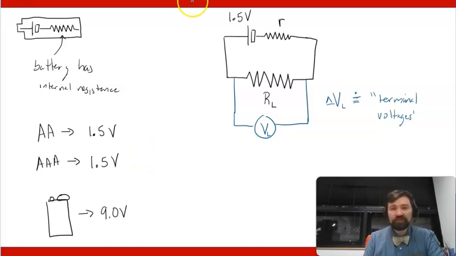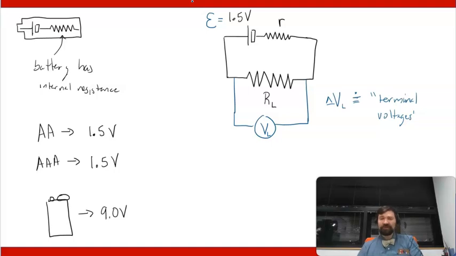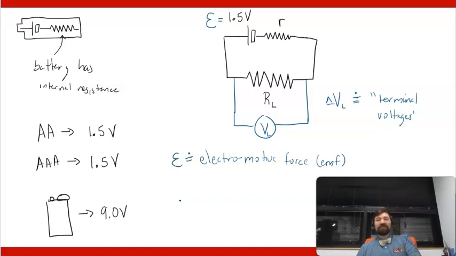So what is this 1.5 volts in that case? Well, this is what's called the battery's EMF. We represent it with an epsilon. It looks kind of like a backwards 3, but it's an epsilon. This is called electromotive force, or EMF for short, and that is what this epsilon stands for.